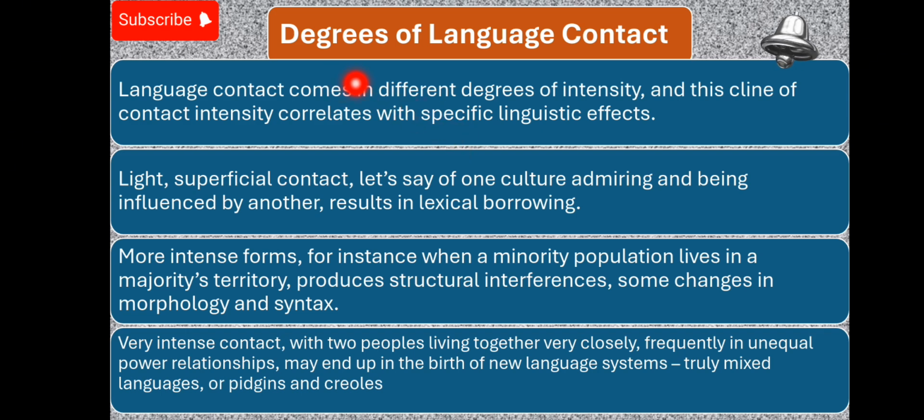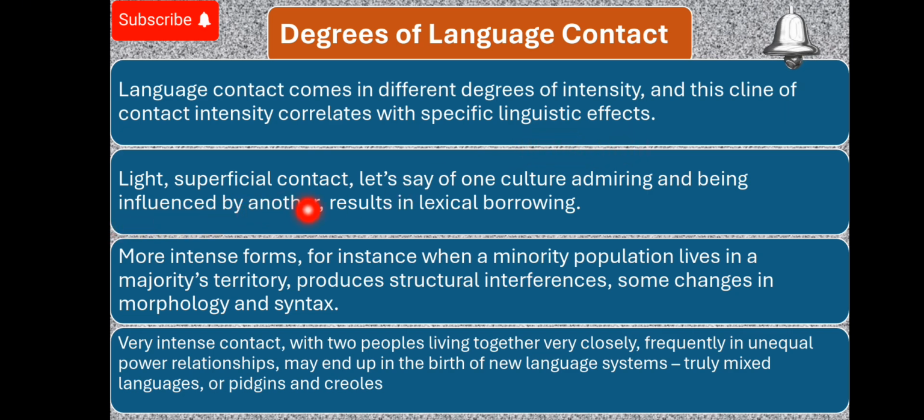Now, degrees of language contact. There are so many degrees of language contact: a superficial one, a strong one, and a stronger one. So language contact comes in different degrees of intensity, and this incline of contact intensity correlates with specific linguistic effects.